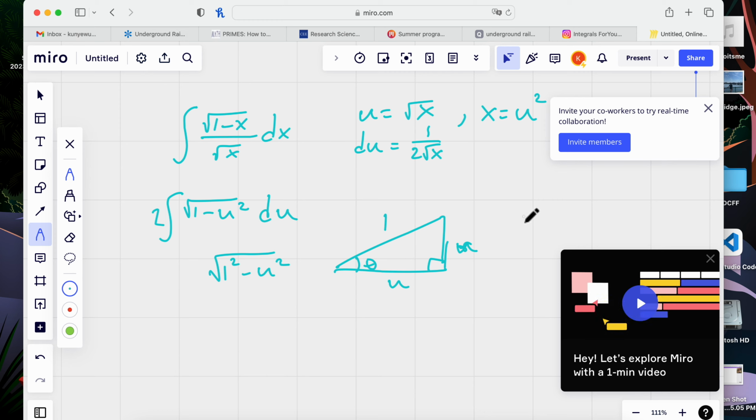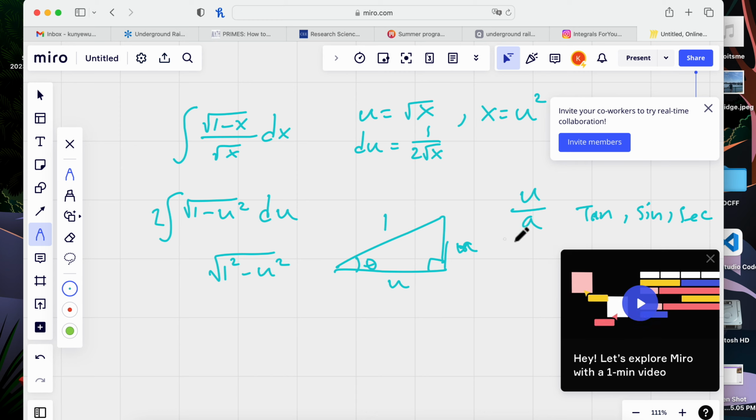So here's the trick that you need to know. Every time you're using Trig-Sub, we want to get u over a by tangent, sine, or secant, because tangent, sine, and secant have nice identities.